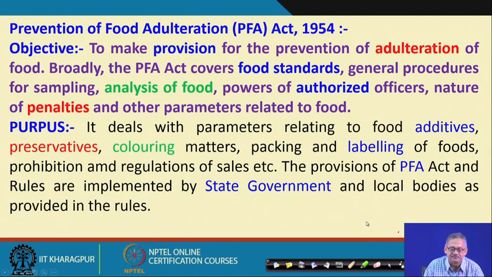Prevention of Food Adulteration Act, or PFA, 1954. The objective was to make provision for the prevention of adulteration of food. Our time is almost over, I am just going through it. Broadly, the PFA Act covers food standards, general procedures for sampling, analysis of food, powers of authorized officers, nature of penalties and other parameters related to food.